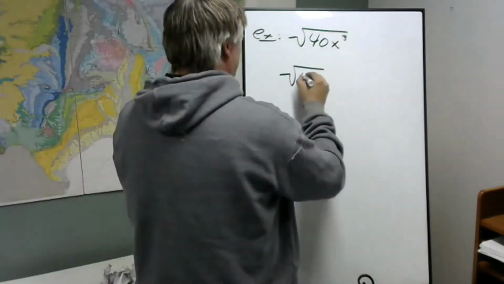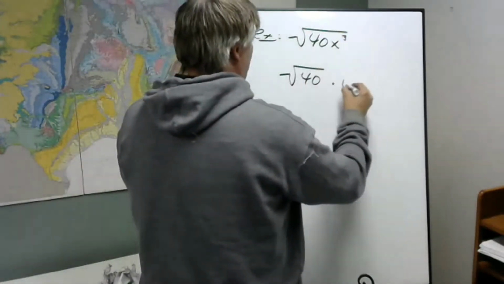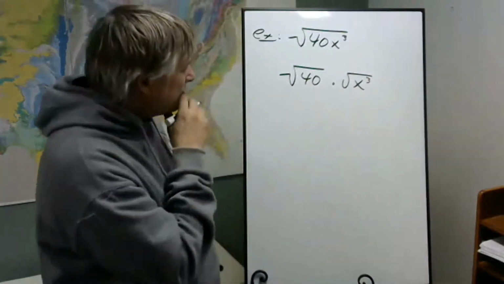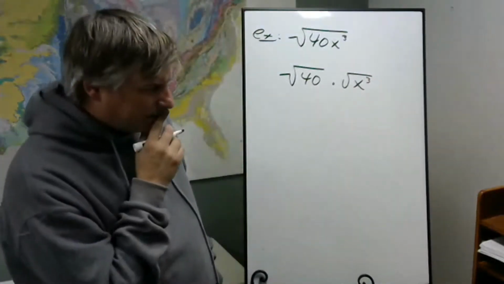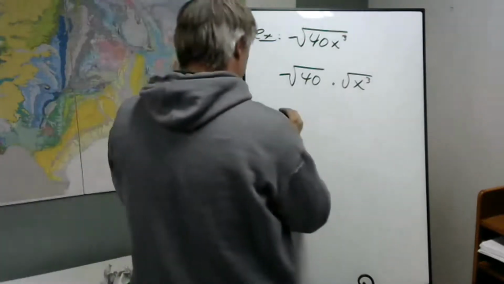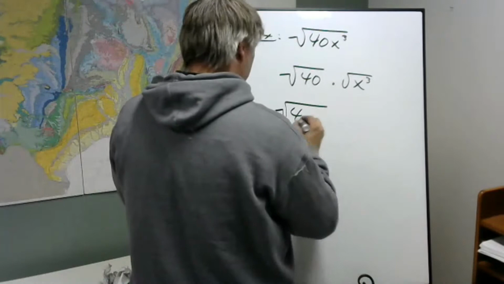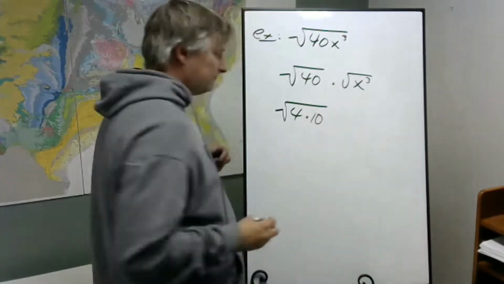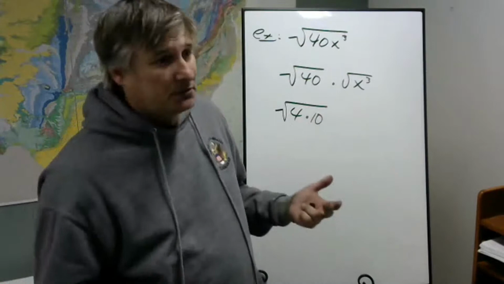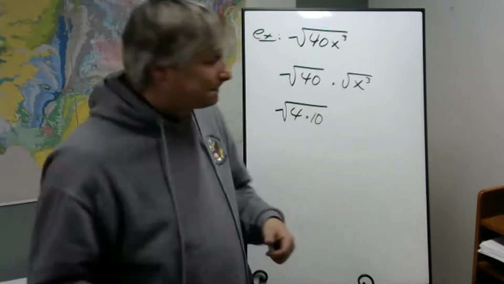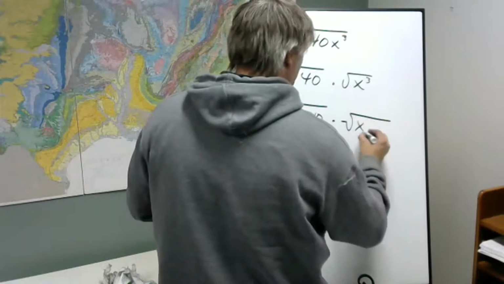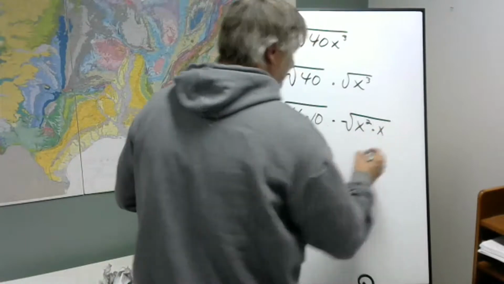So square root of 40 times square root of x cubed. Now, square root of 40, we can do it as 4 times 10, because 4 does have a square root that's not going to be irrational. Unfortunately, the square root of 10 will be irrational. Now, this one, we can break up as x squared times x.